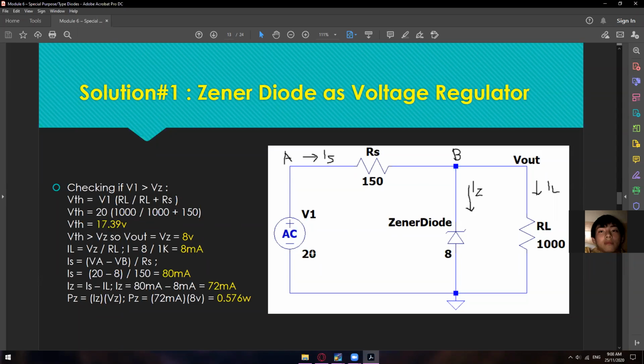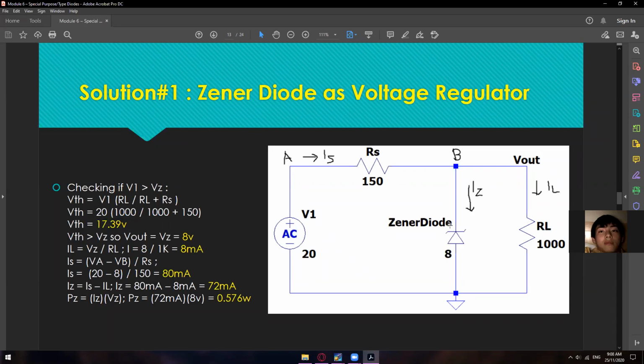So as you can see, from 20 it became 17.39 volts because we've now deducted the voltage drop across the series resistance and the load resistance. From here we can now compare: VTH is greater than VZ. So we could now say that V out is equal to VZ because that's the only voltage across in this circuit.